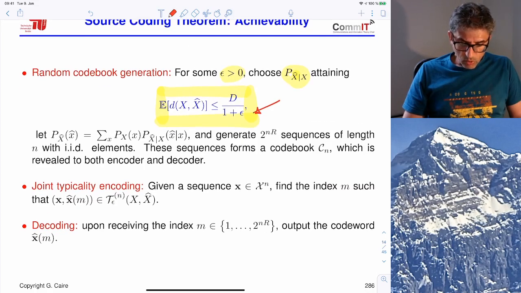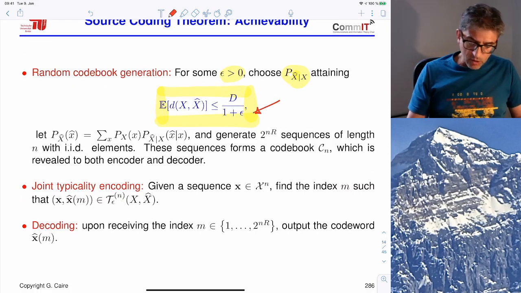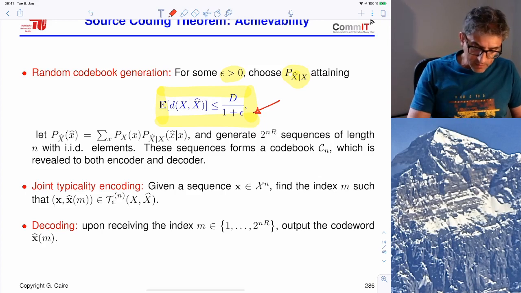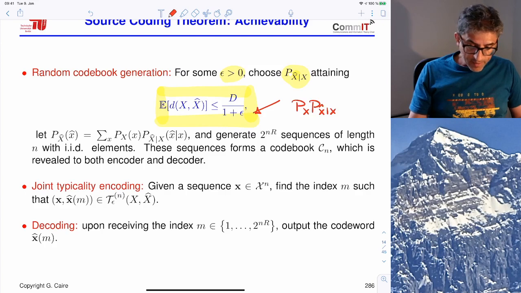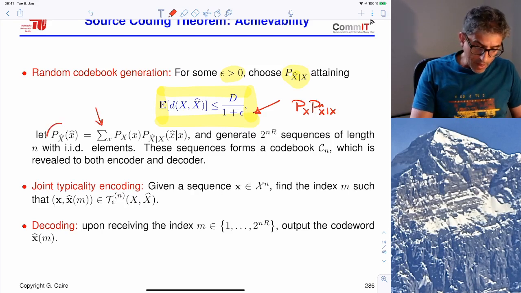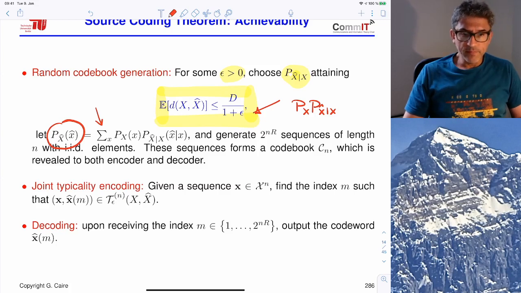Now, with this distribution, we induce a joint probability distribution of x and x hat given simply by the product p(x) p(x hat given x). And then we can marginalize with respect to x by summing over all x's and obtain the corresponding marginal probability distribution of x hat.